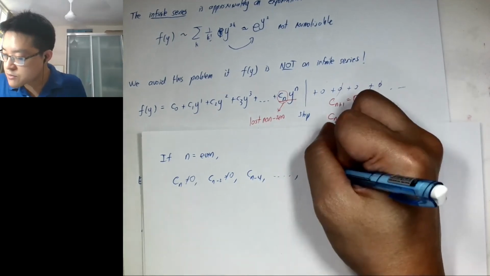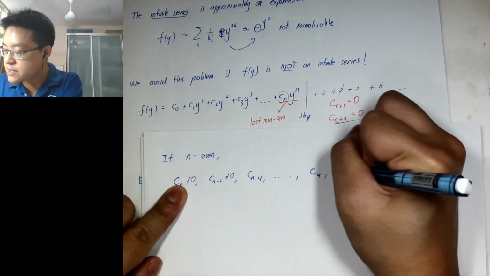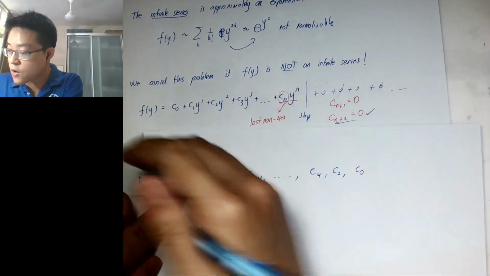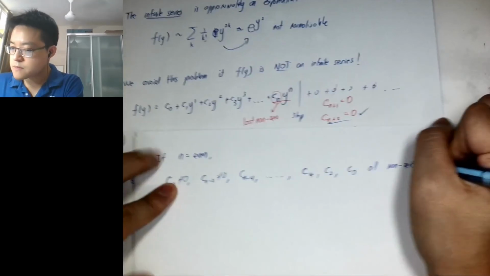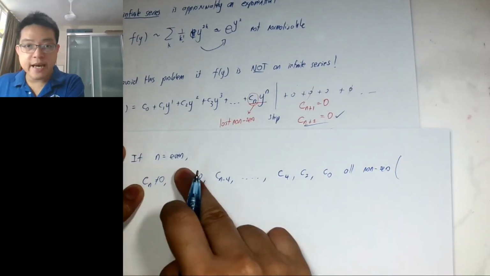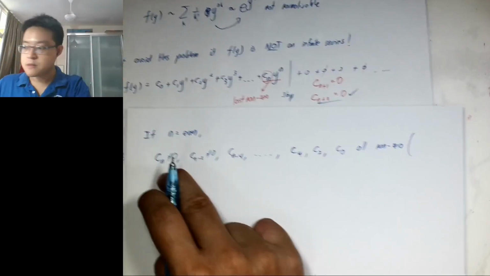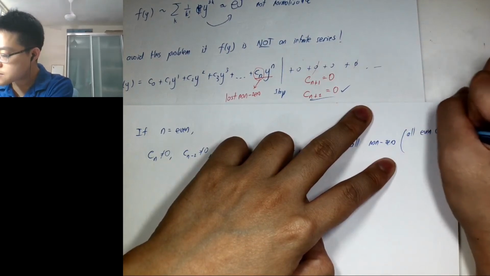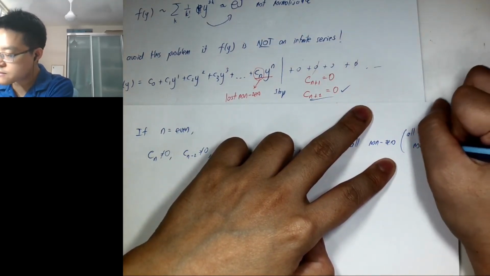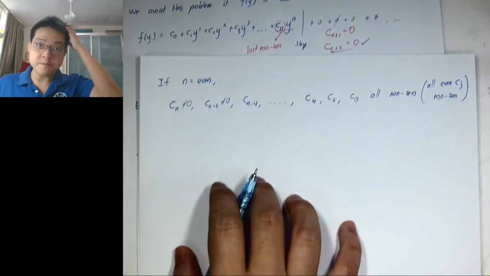It will come down to C4, C2, and then C0. So all these are non-zero. Okay, so in other words, if the last term is an even power, then all even coefficients are non-zero. Agree? Totally makes sense, right?